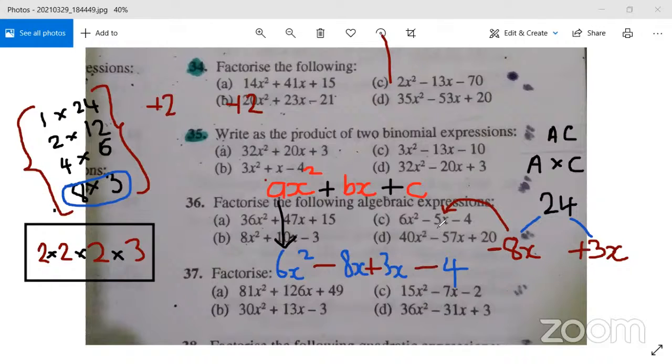So this -5x is being replaced by -8x plus 3x, right? So I'm taking as much time as I can to just have a look at that so that we understand what's happening.